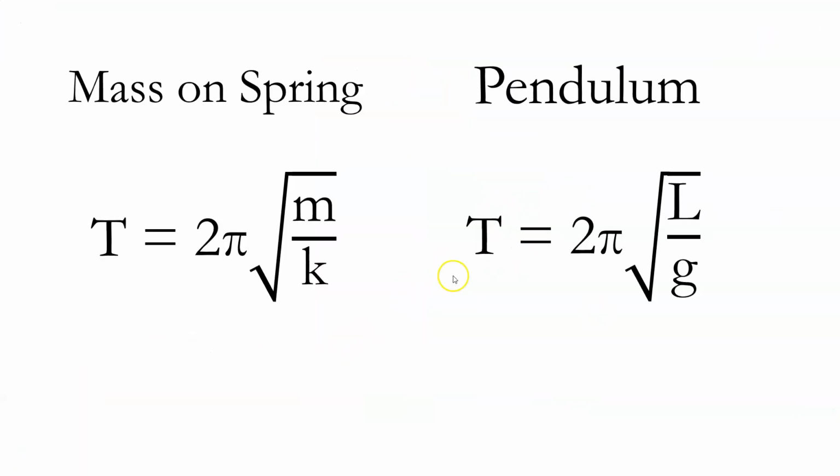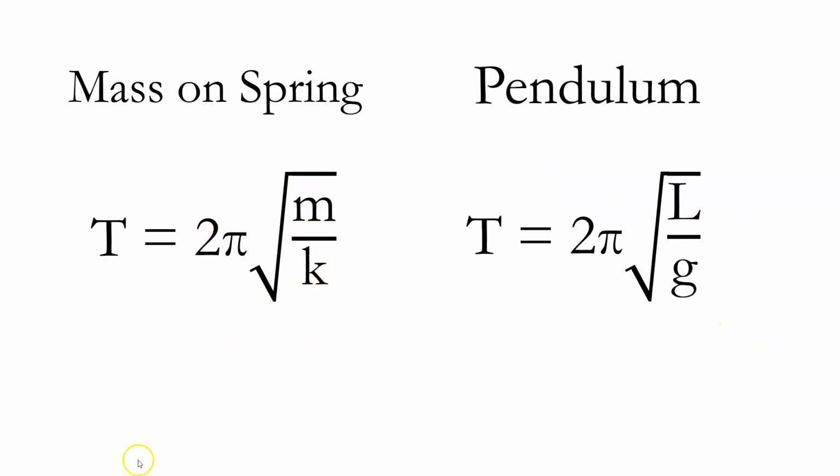So what we want to do is quickly compare the equations that we've learned over the last couple weeks. On the one hand, the mass on a spring, and then over here, the period of a pendulum. We see a very similar structure, the 2 pi, and then the square root of something over something.